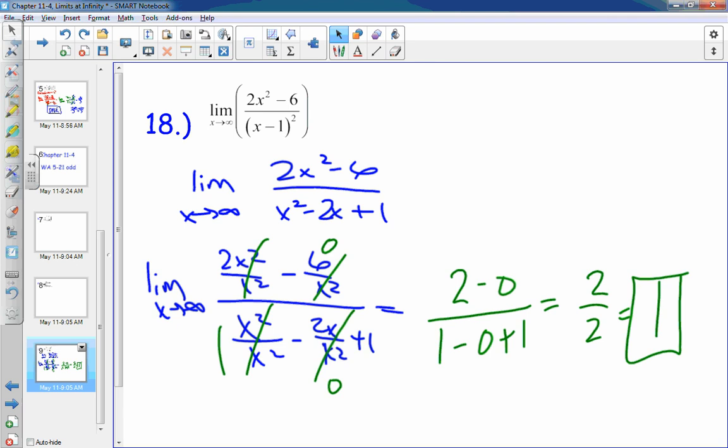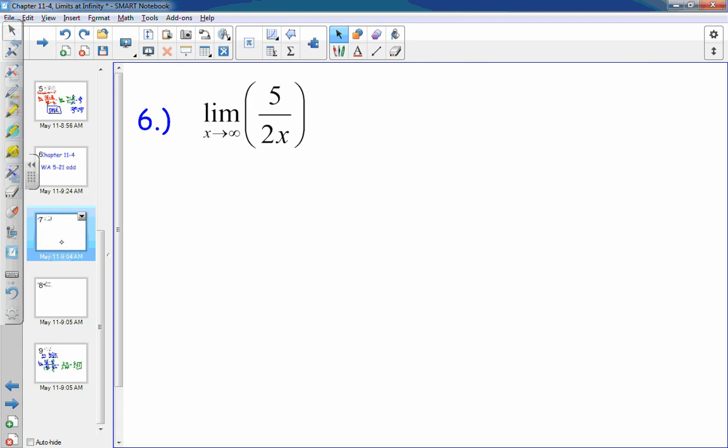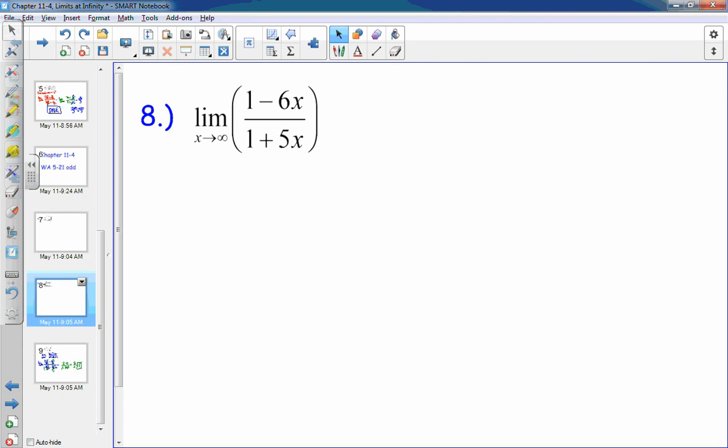What are you dividing by? Yeah, there is. It's the power of 1. If you look at this problem right here, number 8, what are you going to divide by? What's my denominator? X to the first, right?